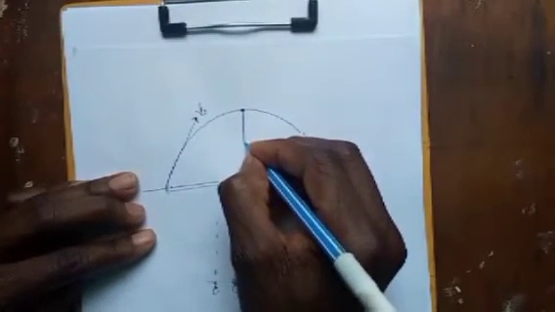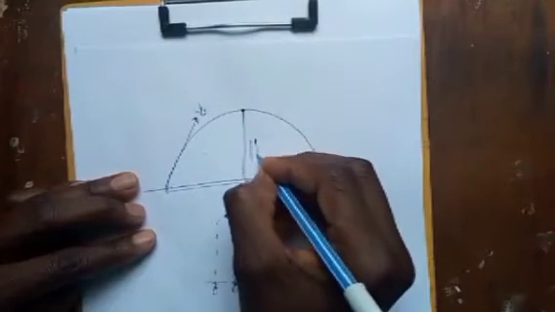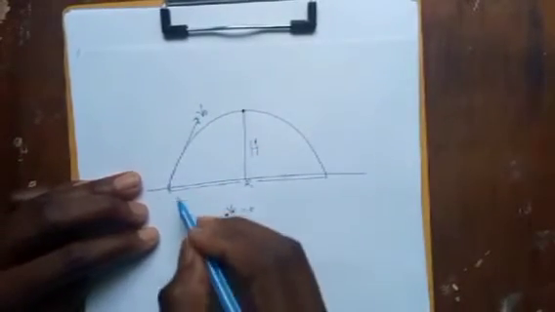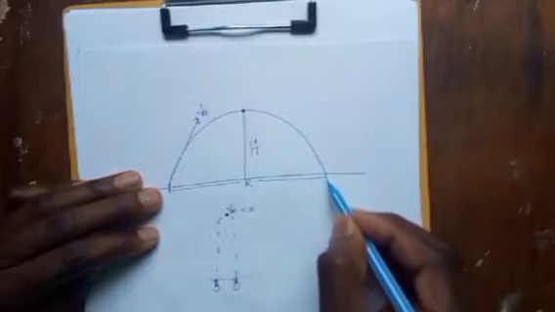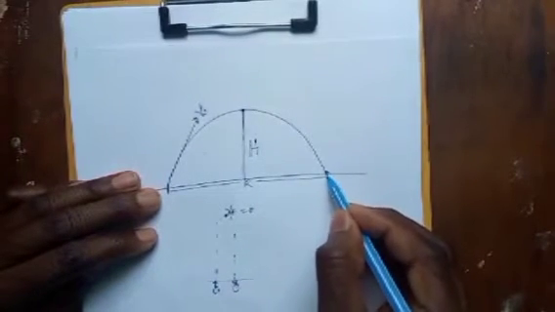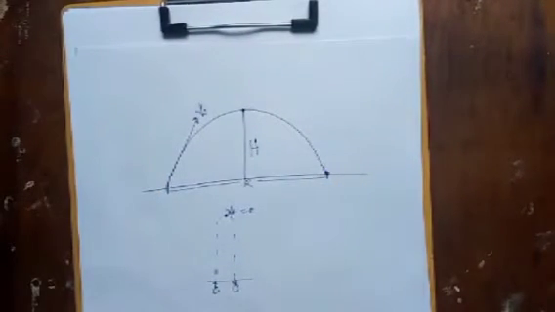So this is going to be my maximum height. The time it takes for it to move from here, move up and then return to the original position, or landing on the same part, that's what we call the time of flight.